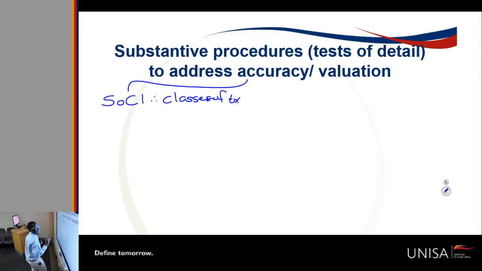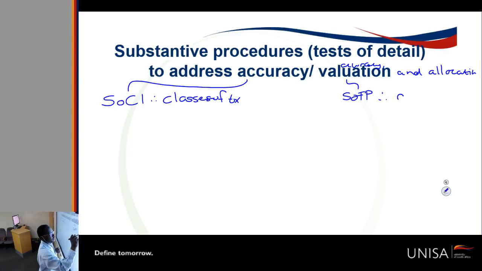The full name here is accuracy, valuation, and allocation. That relates to the statement of financial position, and therefore our category of assertions is account balances.